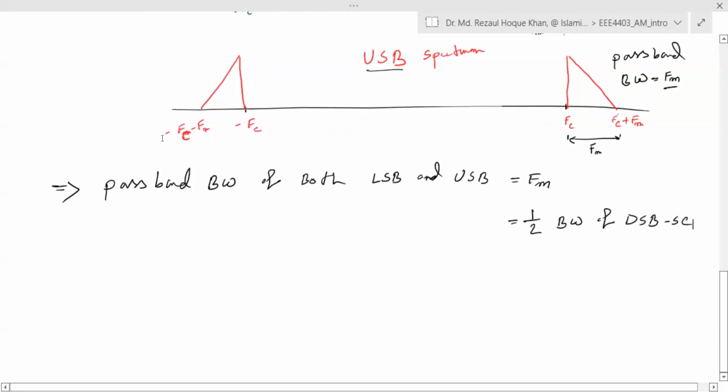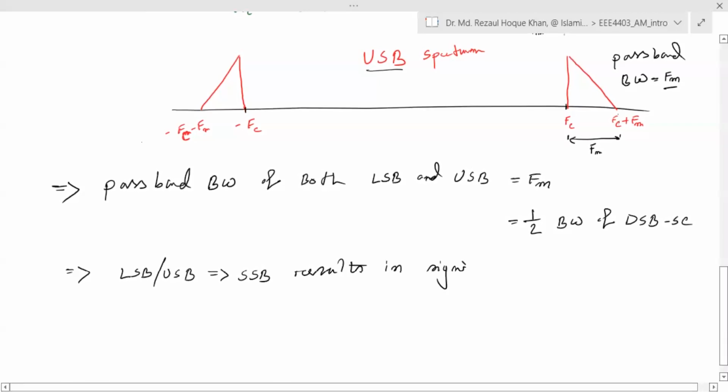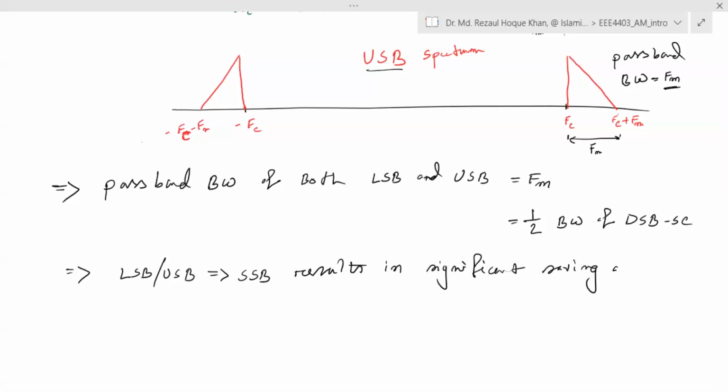So what we are seeing is that by using SSB, we have a significant saving of bandwidth. LSB or USB, which is the SSB, results in a significant improvement or saving. Previously, we had to use twice FM bandwidth. Now we have to use only half, FM bandwidth. Okay, saving of bandwidth.